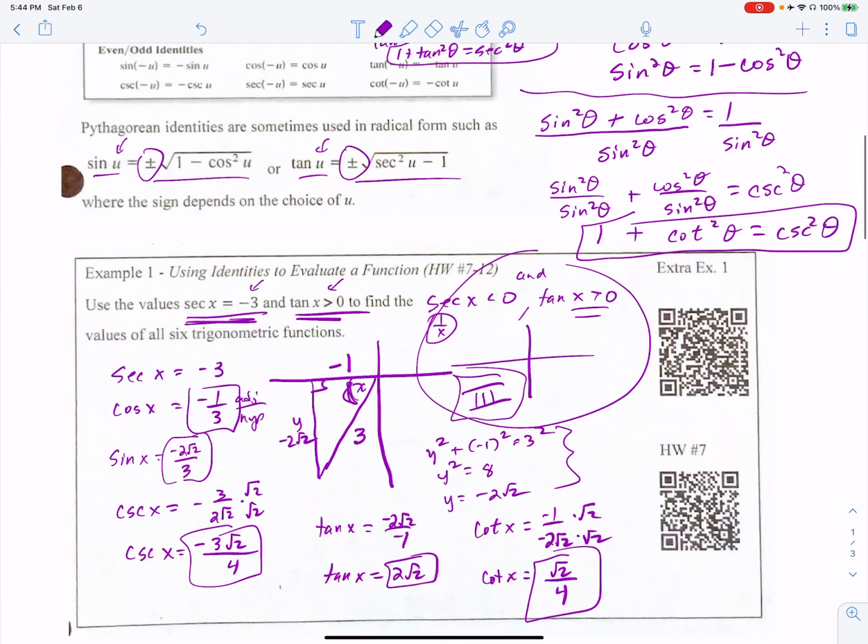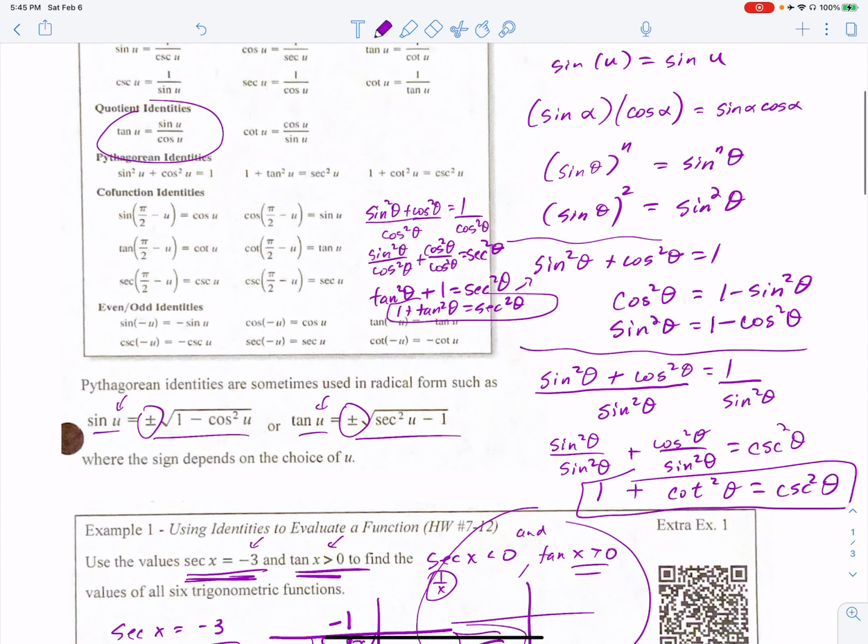I showed that back here, right there. It's a rearrangement of sine squared plus cosine squared equals 1. And so I have this 1 minus sine squared. I can write it with fewer terms by replacing it with cosine squared.